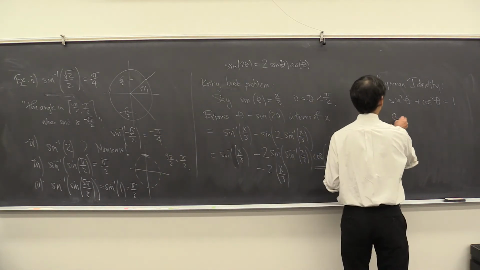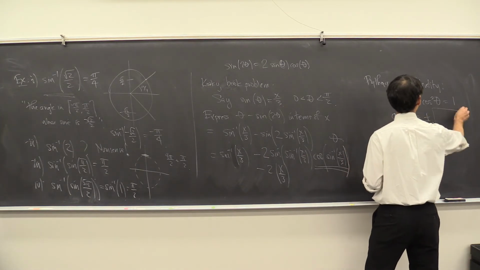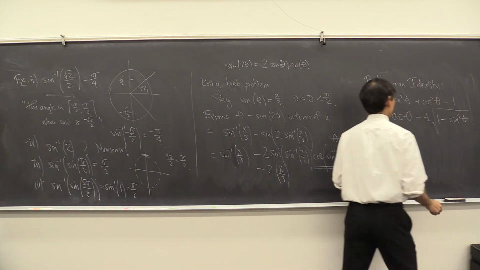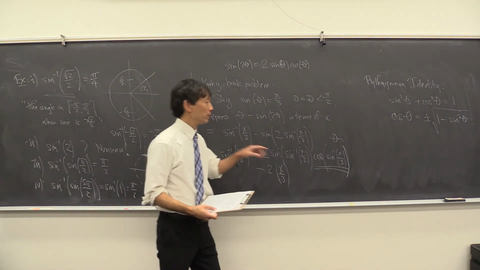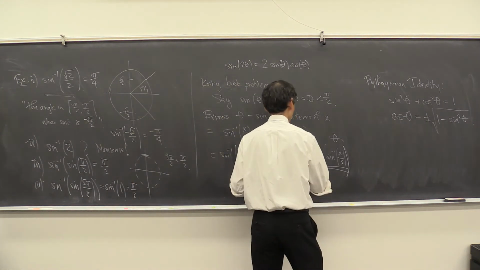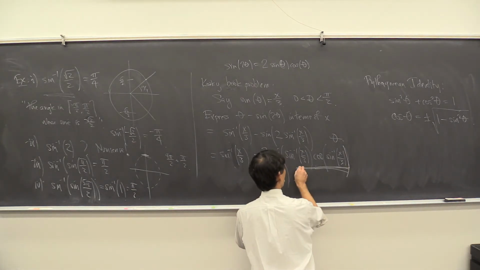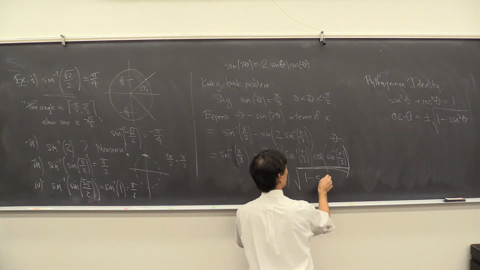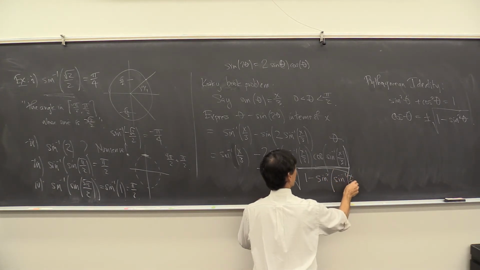So cosine of theta is going to be plus or minus the square root of 1 minus sine squared theta. So I'm going to write this as plus or minus the square root of 1 minus sine squared of sine inverse x over 3.